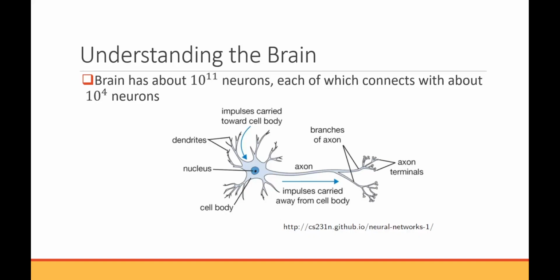A human brain has about 10 to the power 11 neurons, each of which connects with about 10 to the power 4 other neighboring neurons. Now, a brain neuron is a cell with two significant pieces. One is dendrite, which can receive information in terms of impulse.